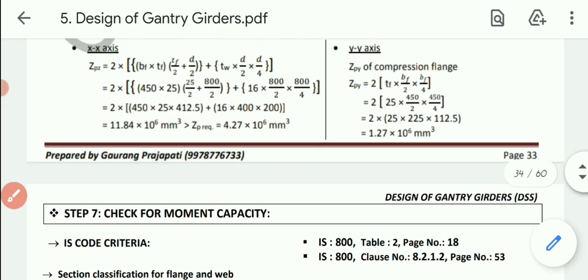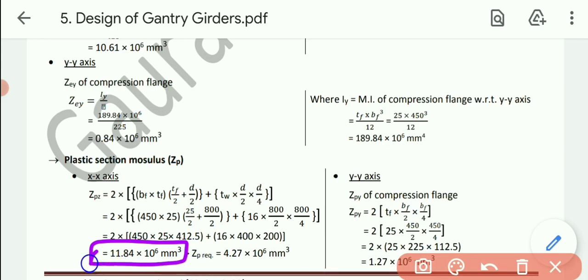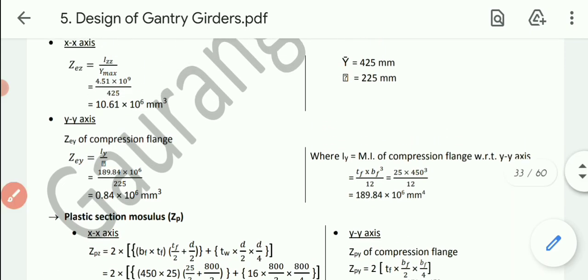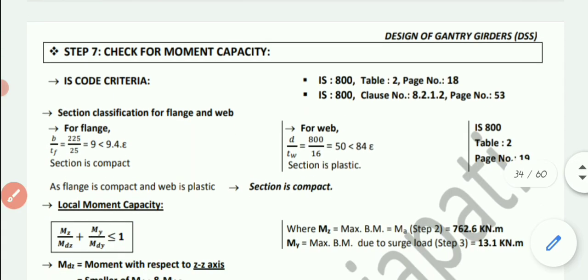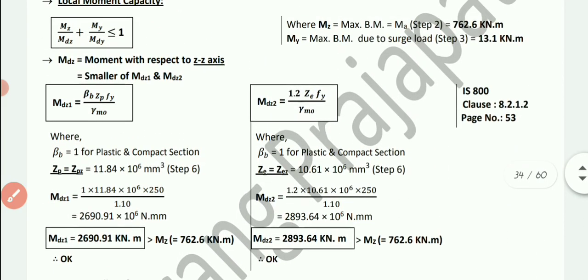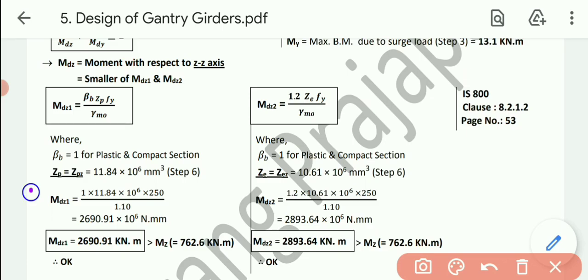Zpz, just a minute, over here you can see 11.84 into 10 raised to 6, that's the value of Zpz, and Zez is over here, 10.61 into 10 raised to 6 mm cube. Let's put down these values in the formula. Zp equals Zpz, that is 11.84 into 10 raised to 6 mm cube.